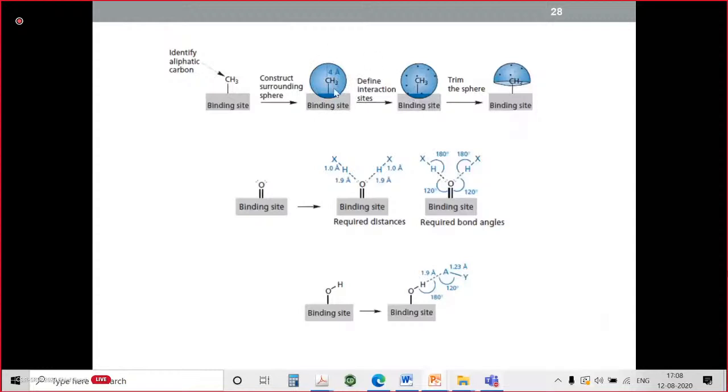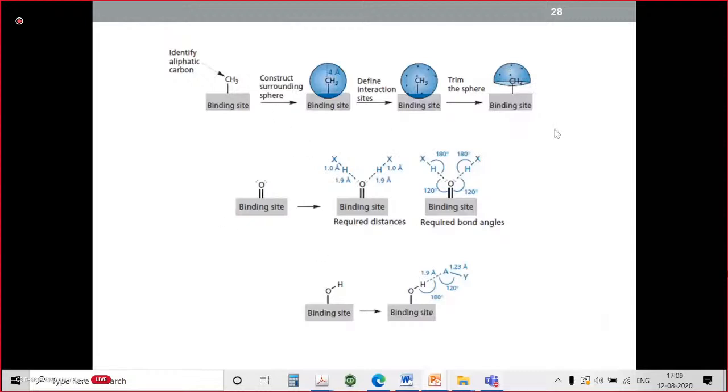So that sphere needs to be constructed. Then the sphere needs to be identified for the possible interaction. So at a lower side, you don't have the probability of the interaction, as a hydrophobic interaction. Therefore, you will be trimming the area, and only this is the exposed area where the interaction is possible.